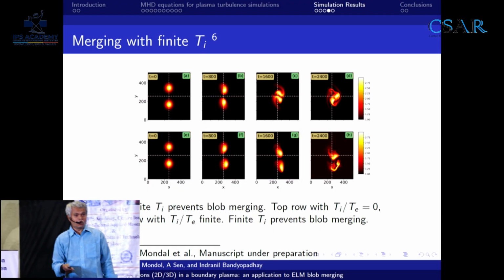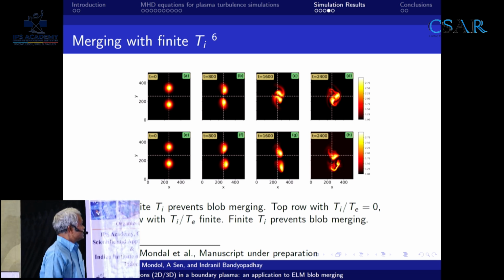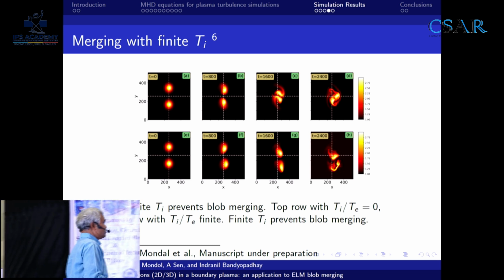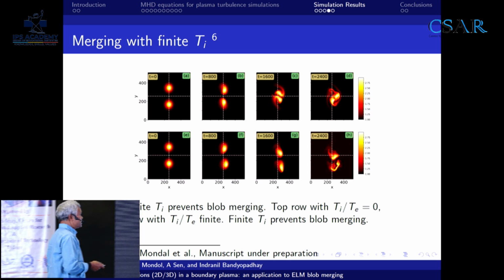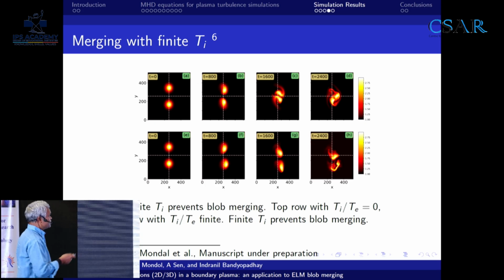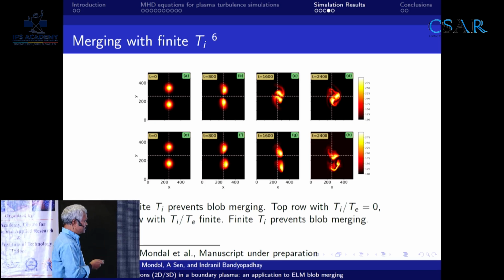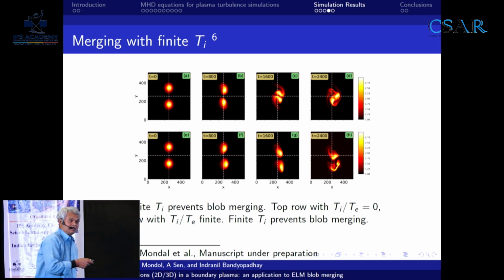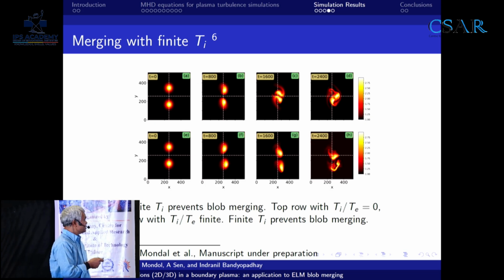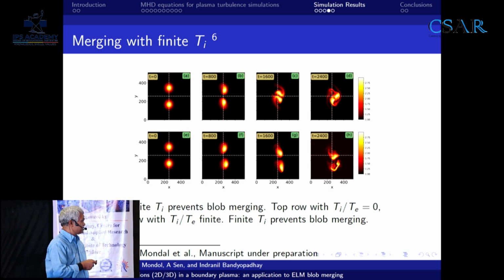They are maintained for a longer time. So that is a very interesting phenomenon. That means merging and non-merging are different cases. It is a signature of ion temperature. When ion temperature dominates, this happens. Coherency is maintained for a longer time.